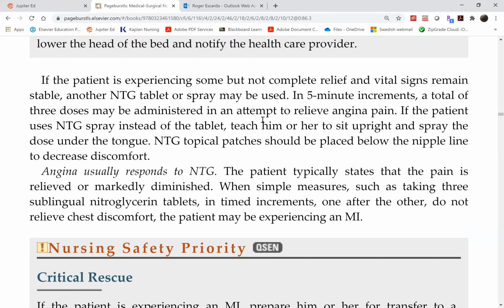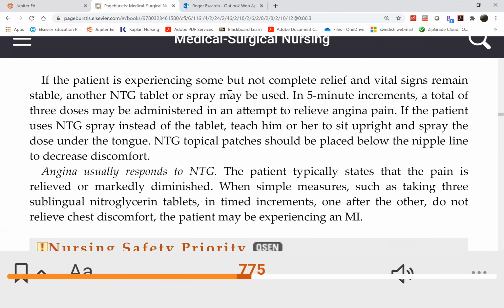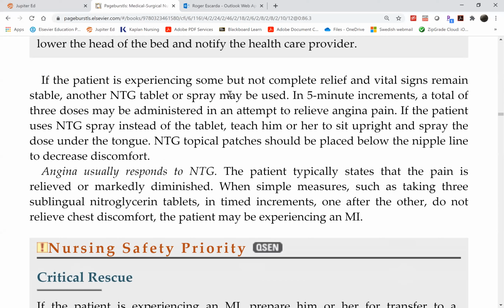Now remember, this is acute coronary syndrome. What responds to nitro? Is it acute coronary syndrome? What did we read earlier? Remember, there was a difference between angina and MI. What was one of the differences?